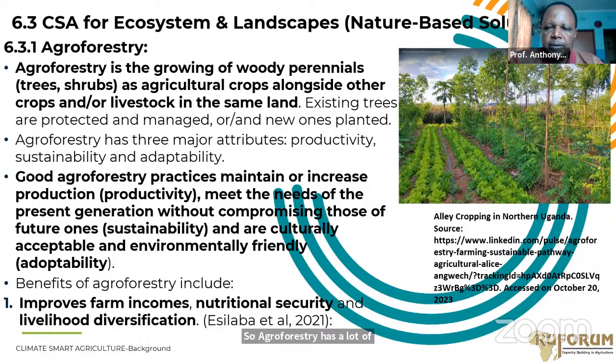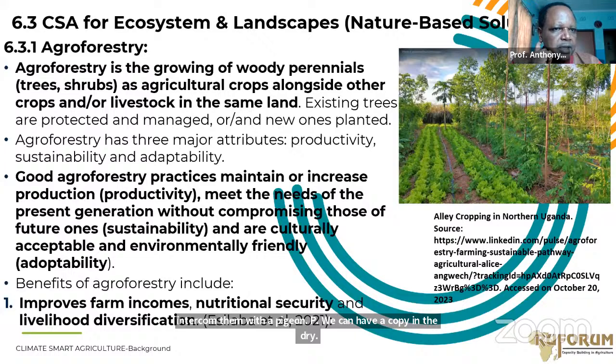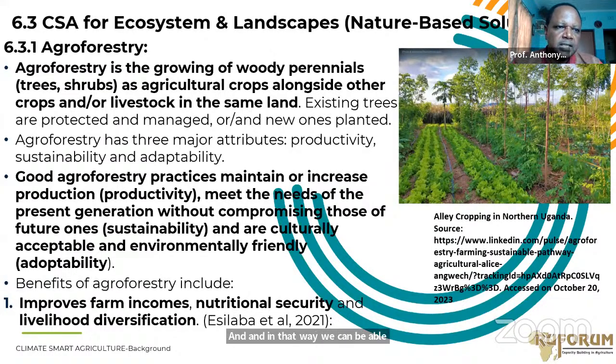It is a way to go, and it's not just using agroforestry trees that contribute wood for fuel, but we can now use fruit trees. We can come in with our avocados, our citrus plants, our mangoes, and intercrop them with pigeon pea, and we can have our cowpea in the drought areas, and in that way we can sequester a lot of greenhouse gases.